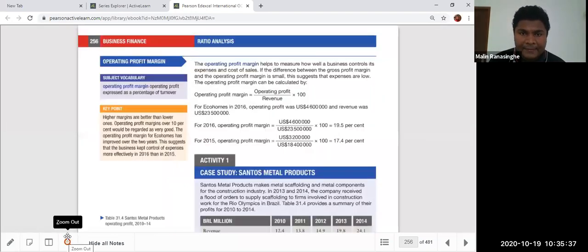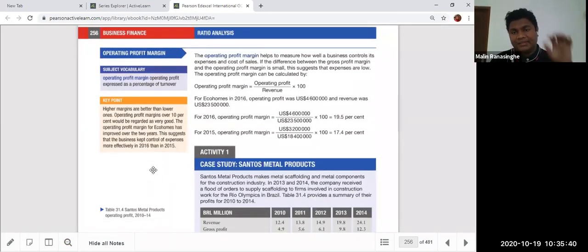Operating profit margin helps to measure how well a business controls its expenses and cost of sales. If the difference between the gross profit margin and the operating profit margin is small, this suggests that the expenses are low, negligible.